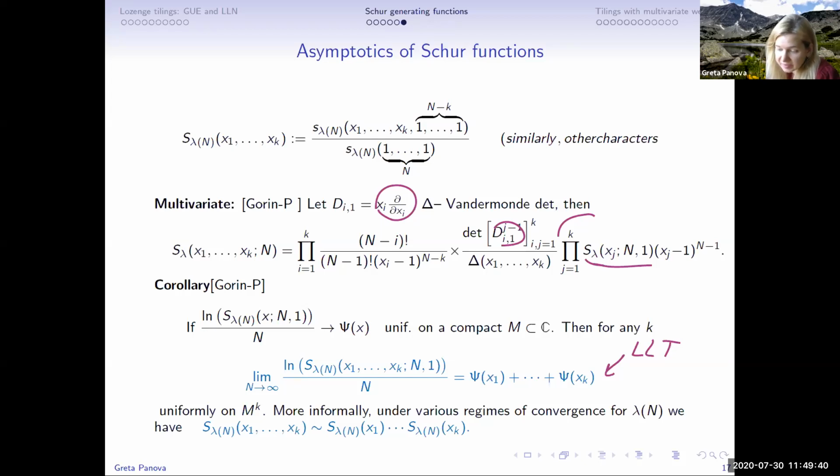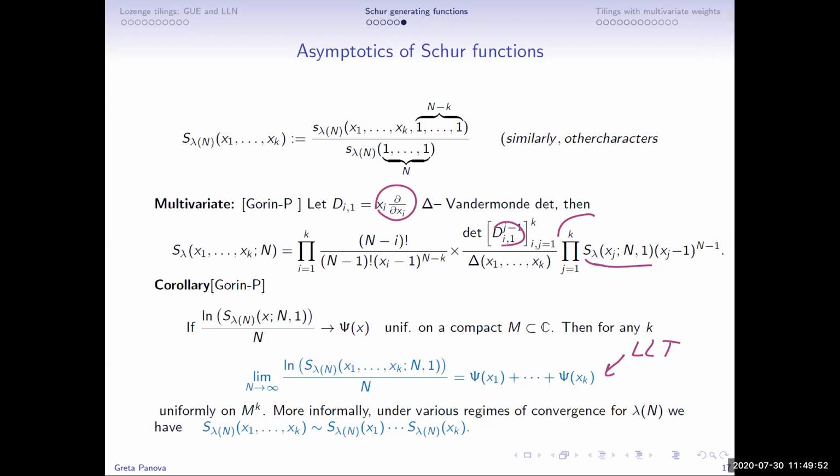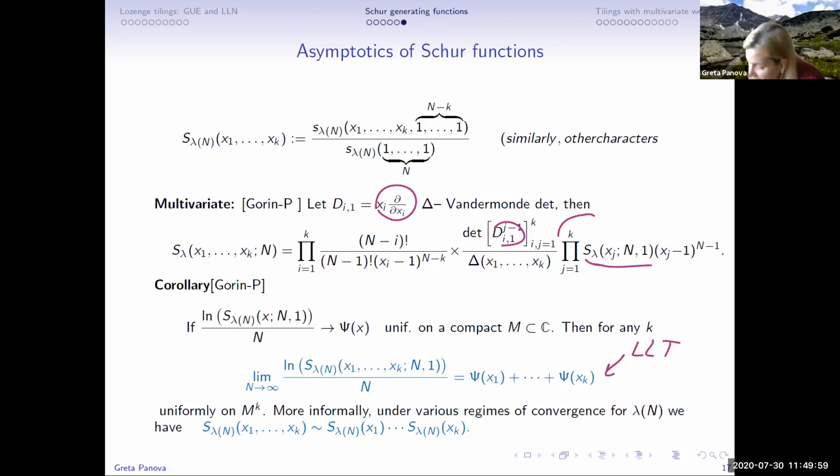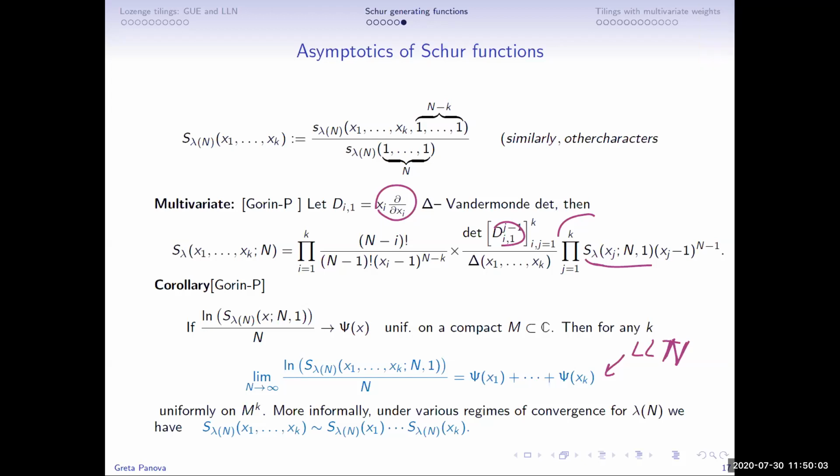And one can see other. In the GUE case, we still have this type of independence. So, Greta, you do mean LLN, right? Not LLT. I also know what LLT means, but sorry, I won't say more.